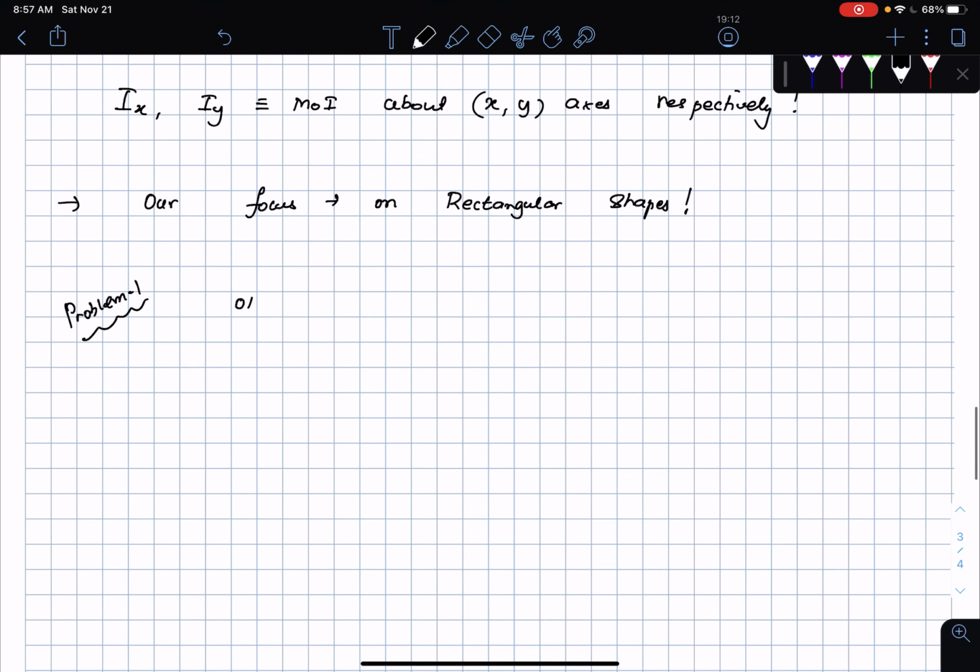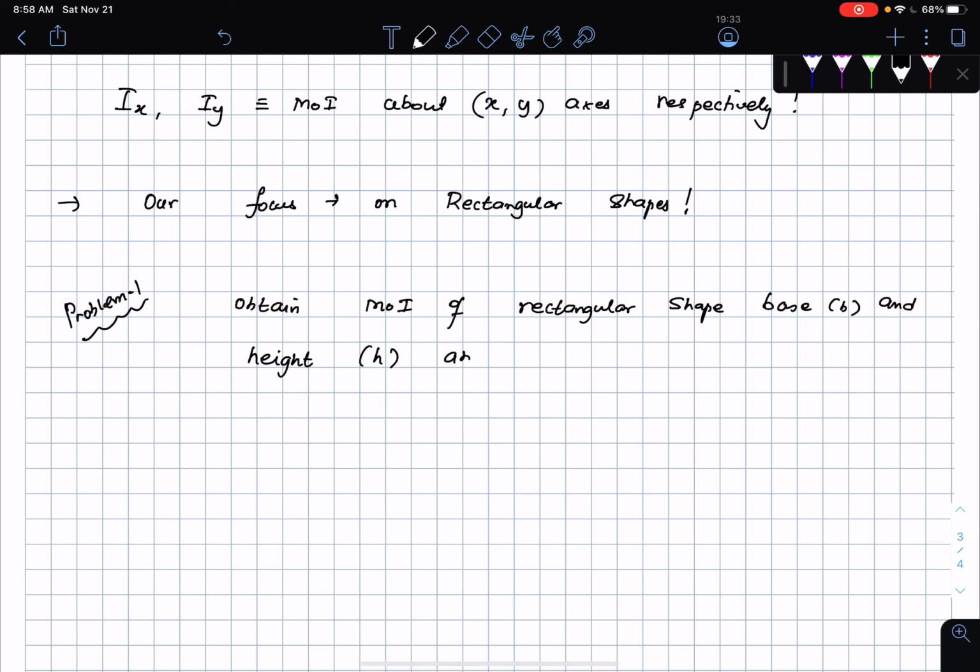Obtain the moment of inertia of the rectangular shape of base b and height h about the x bar, y bar, and the xy axes. I'm going to set up the axes.